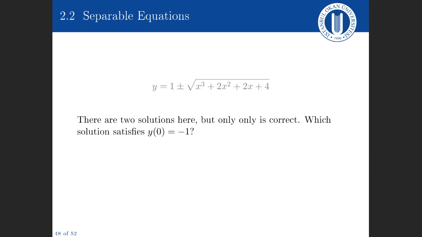There's 2 solutions because we could have plus or we could have minus. Each one of these solutions gives us y of 0 is equal to minus 1. Should we have plus or should we have minus?